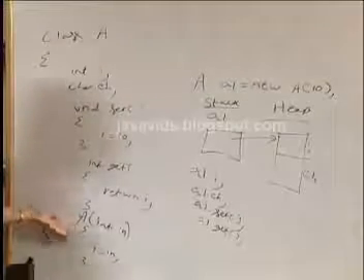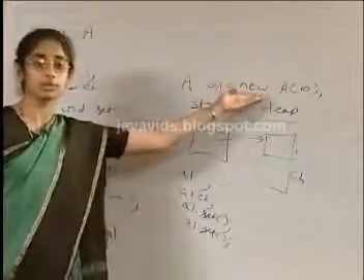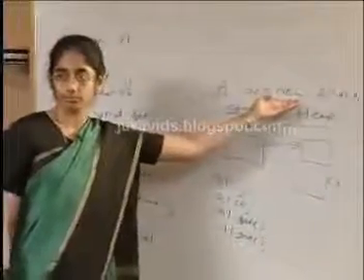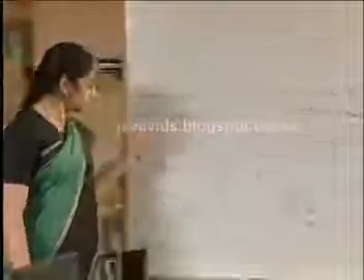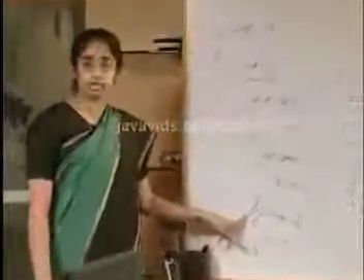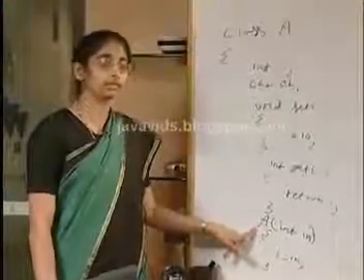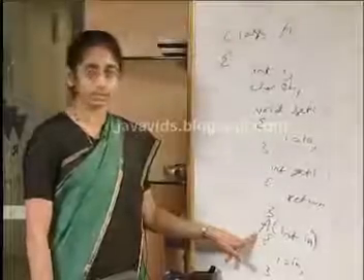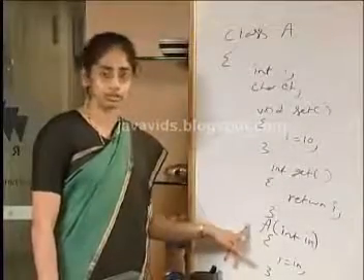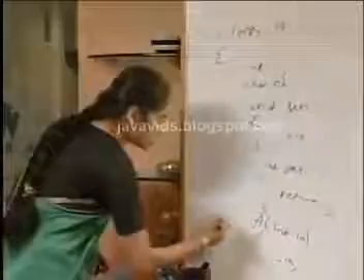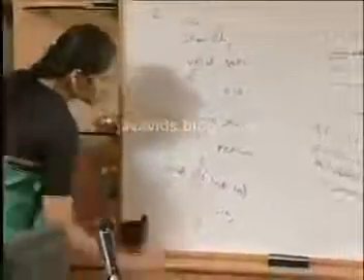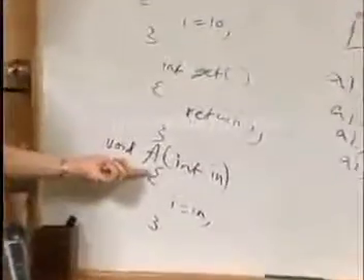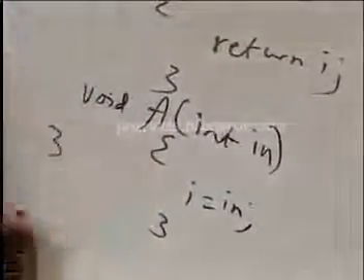When does a constructor get executed? The constructor gets executed every time you create an instance, when you say new. So constructors are executed when you create an instance of a class. They are used to initialize the members of a class, and they do not have a return type. If you were to put some return type here, this is no longer a constructor, it's like any other method.